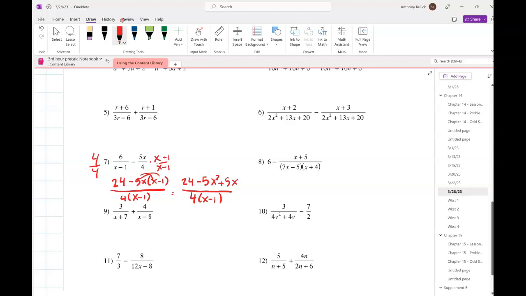You should multiply it out and combine any like terms that you can, just to get to the point where you can check to see if it is reducible, because we do need to do that. Here though, two things that multiply to give me 5 or negative 5 times 24 and add to give me 5. I don't think there's two things that do that.